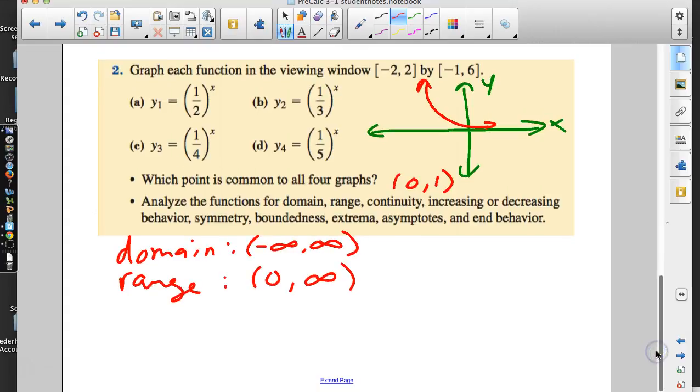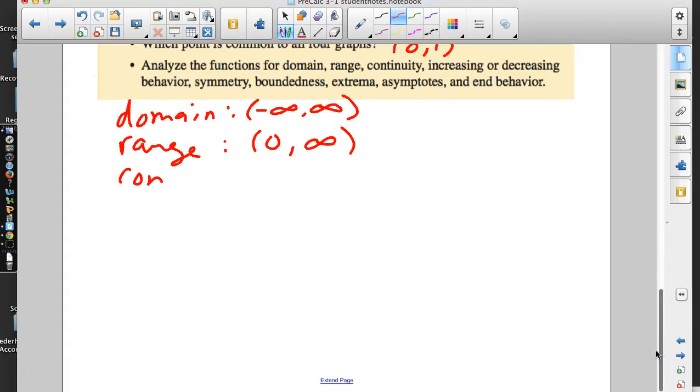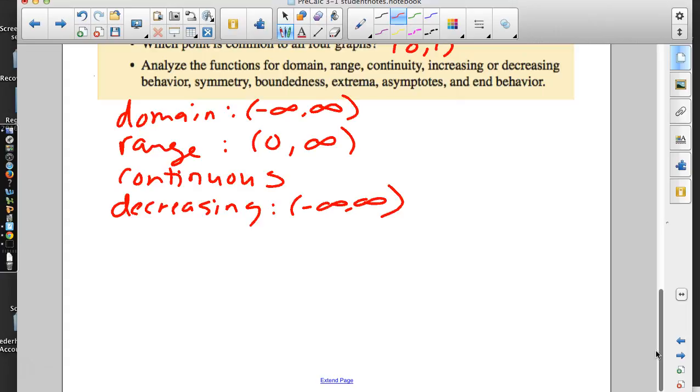Continuity, is it continuous or not? Yes? Continuous? Increasing or decreasing, or a little bit of both? Decreasing. Over the entire domain? All right, symmetry.